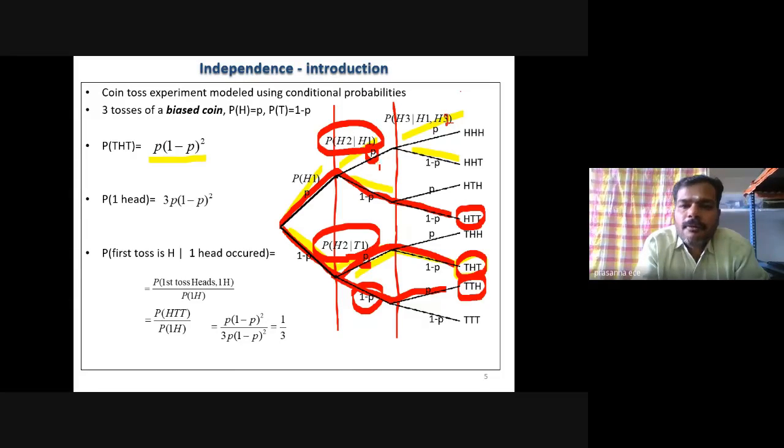The probability of a particular event in trial 2 does not depend on a particular event occurring in trial 1. This is trial 1, this is trial 2, and these are trial 3. These trials are not dependent on each other, so there is no relationship between this trial and this trial.